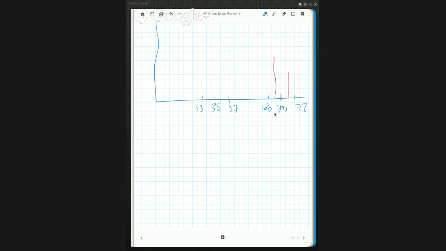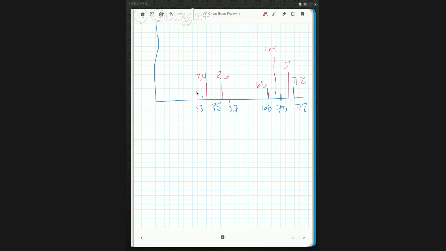Okay, and you would have probably, maybe, you would also have, like, say, a line right here, and maybe a line right here, and then there's a line right here, and a line right here. I have no idea. So basically what's happening is this is 34, this is 36, 68, 69, 71, 72, something like that.